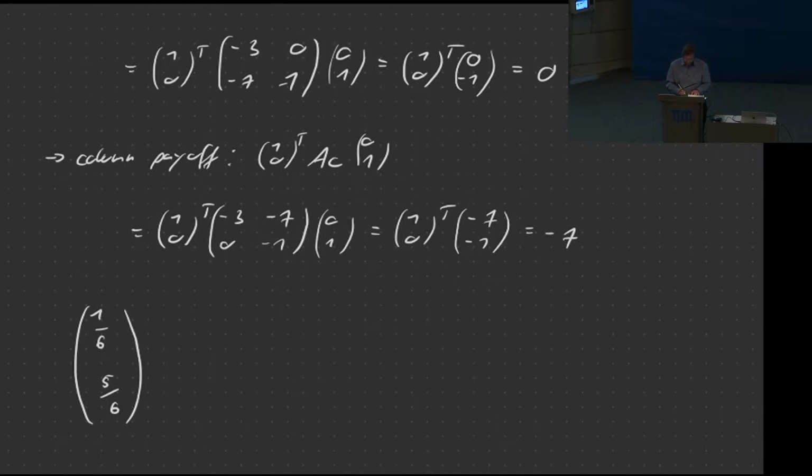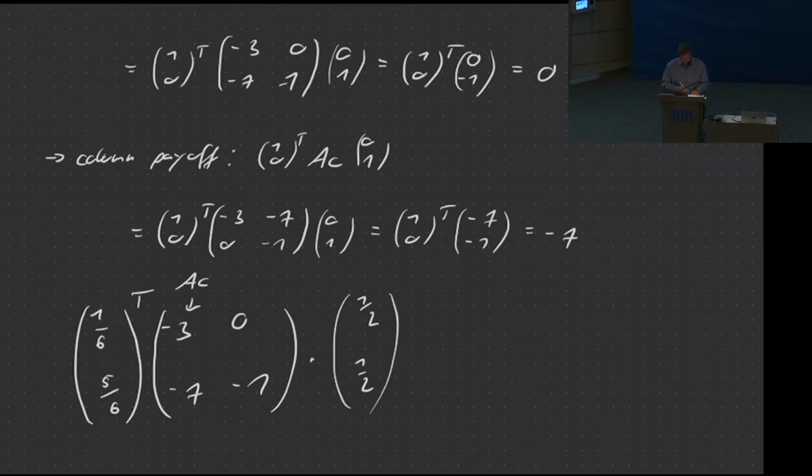And let's say we want to compute the outcome of the column player for this. So we use AC. And let's say our column player chooses 50-50. So this is the strategy the column player chooses. Then what will the outcome be?